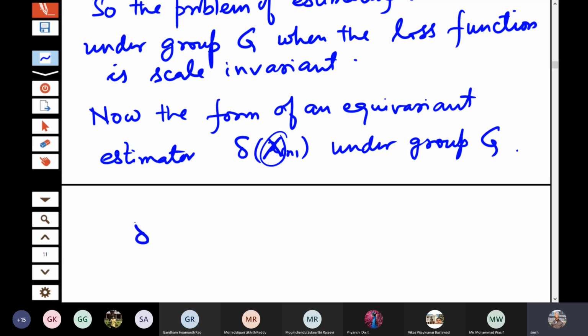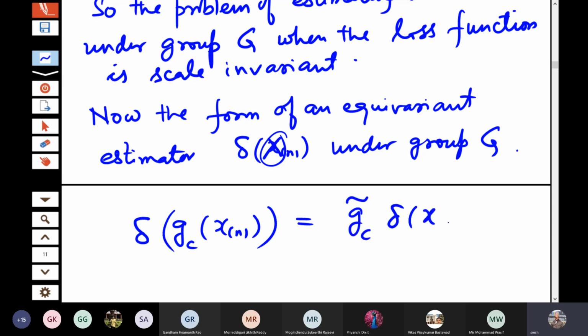So what we want is delta of GC Xn equal to GC tilde delta of Xn. We would like to have this for all C and for all Xn.